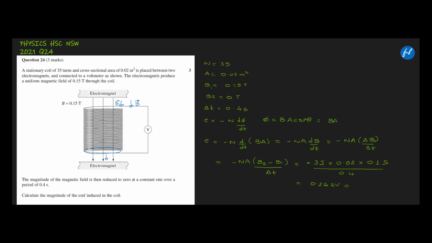The induced magnetic field will also be in the same direction as the external one which is reducing. That's because it will try to oppose. Since the external magnetic field is reducing, the induced magnetic field will be in the downward direction, so that it will try to strengthen, to increase the external magnetic field, or you can say the overall magnetic field.